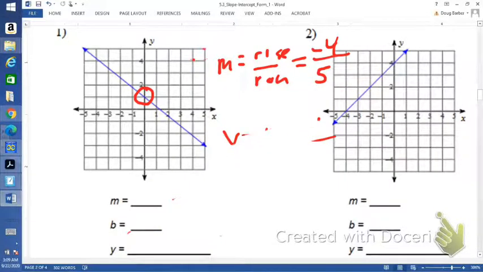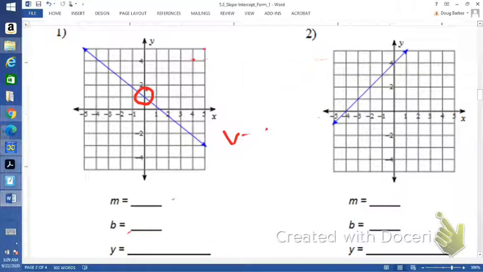For the second one, again, same things. Find where the graph crosses the lattice points. So I see one here and here.